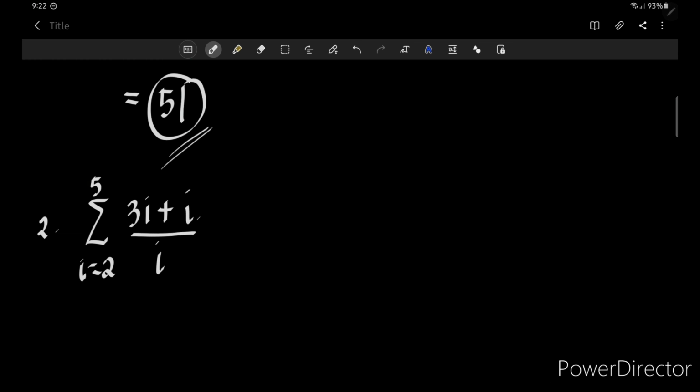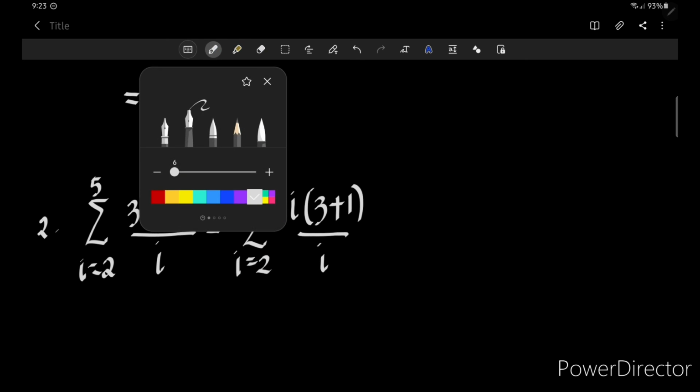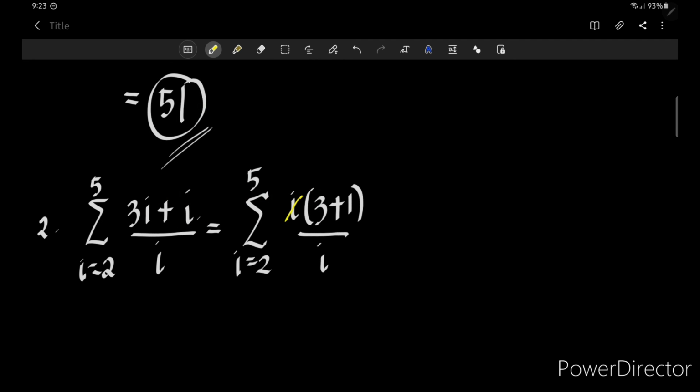Kung mapapansin natin, yung numerator ng fraction ay may i, so pwede natin yon i-factor out. Mangyayari, magkakaroon ka dito ng summation of i times 3 plus 1 all over i, where i ranging from 2 to 5. So, maka-cancel na yung ating i dito.